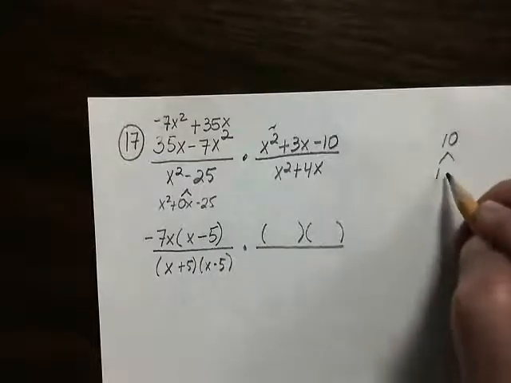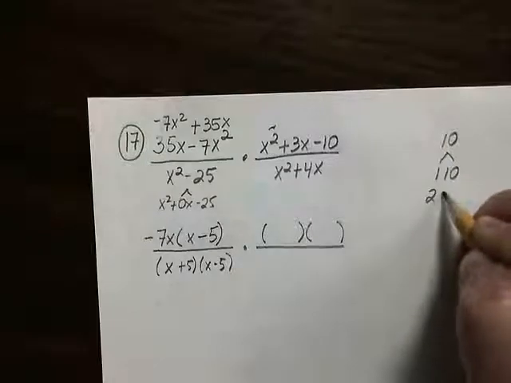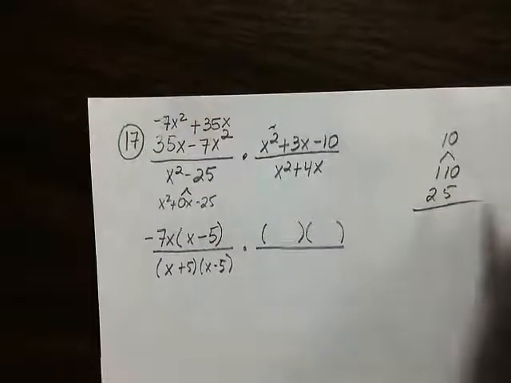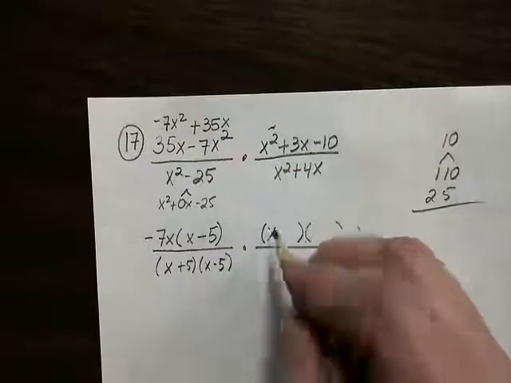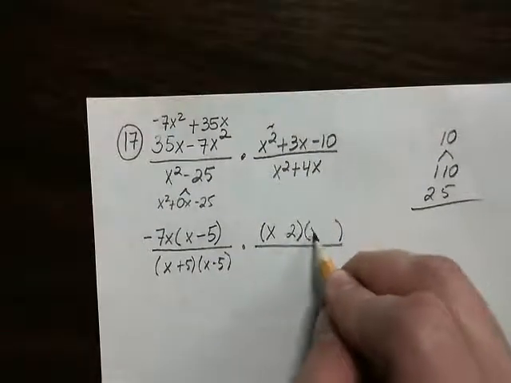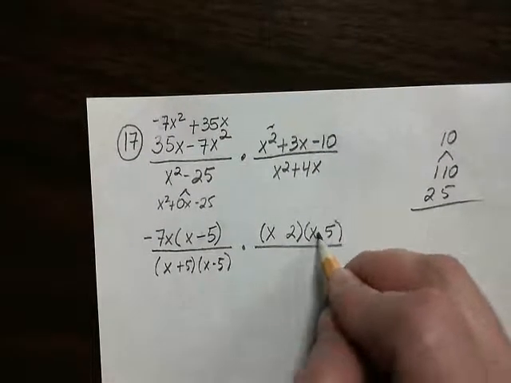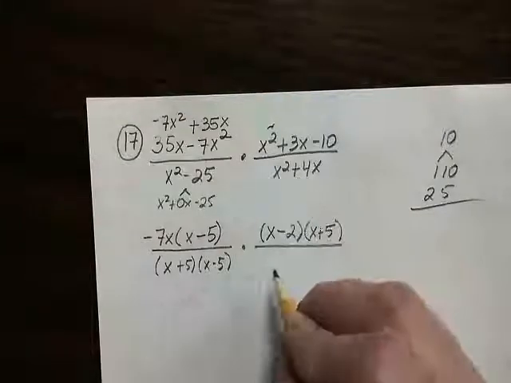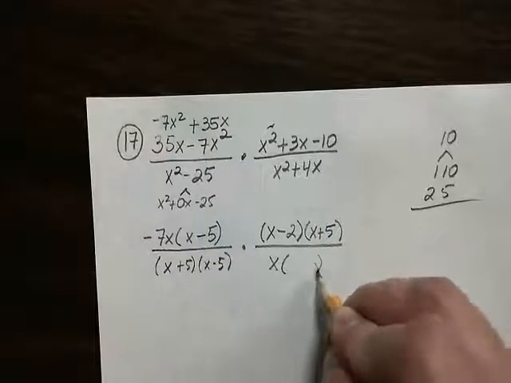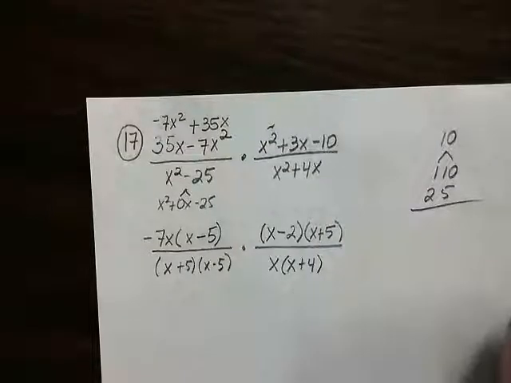It would be 1 and 10, 2 and 5, and that's it. So what numbers give me the 3? Well, 2 and 5. So it would be x plus 2, x minus 5. So this would be a positive and this would be a negative. And on the bottom here, I can factor out an x from both of them, so this would be x plus 4.